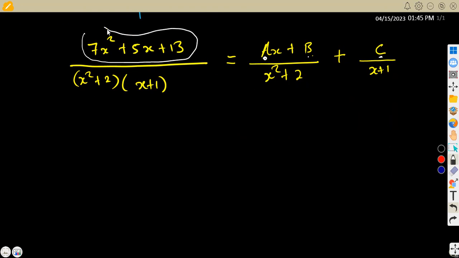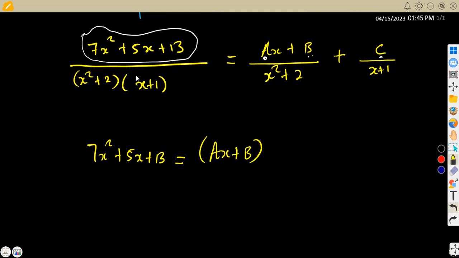So we are dealing with the numerator, to say 7x squared plus 5x plus 13 is equivalent to, you divide. You take the numerator as it is, which is ax plus b.